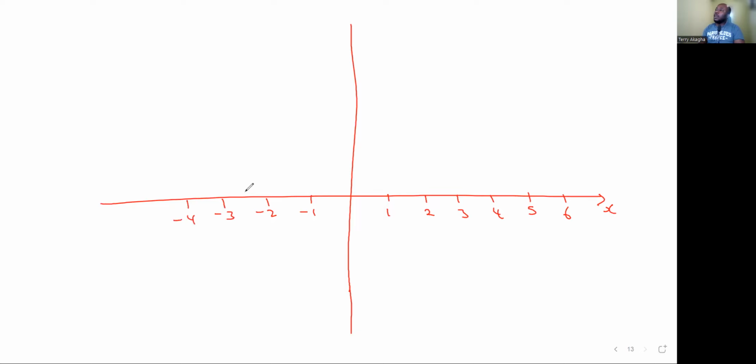Then we have here 1, 2, 3, 4, 5, 6. So this is the positive y. And here we have minus 1, minus 2, minus 3, minus 4. Okay. So let's draw the graph for this.